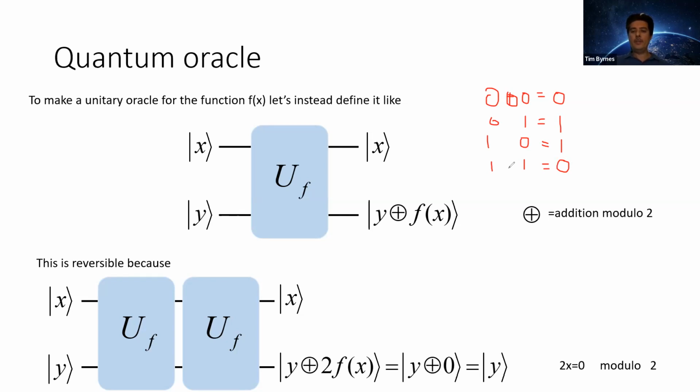So 1 plus 1 addition modulo 2 is equal to 0. That's basically what that is. It's just this binary addition of y.